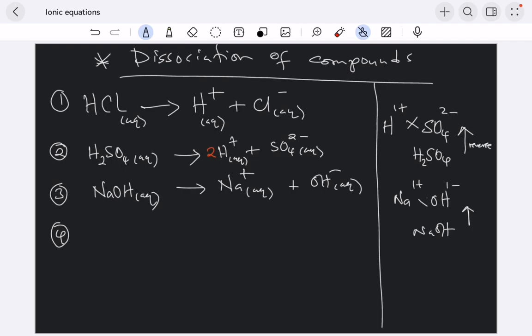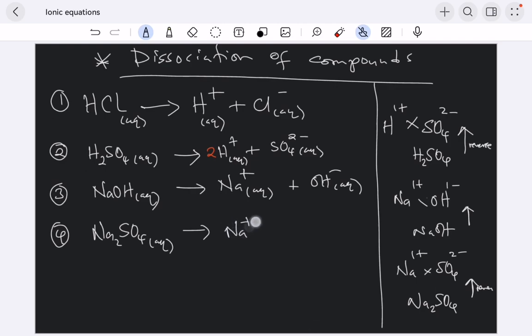Let's look at a more interesting example. Let's say we have sodium sulfate as aqueous. This is the same thing. So sodium sulfate, this is 1, this is 2. When you interchange, it gives you sodium sulfate. When you reverse, that is negative, this is positive.